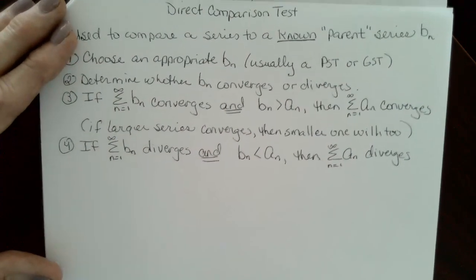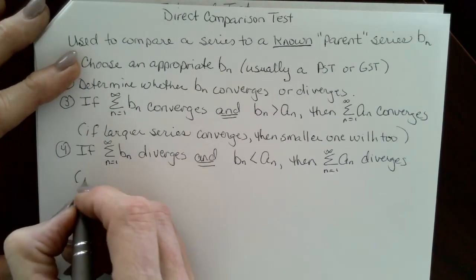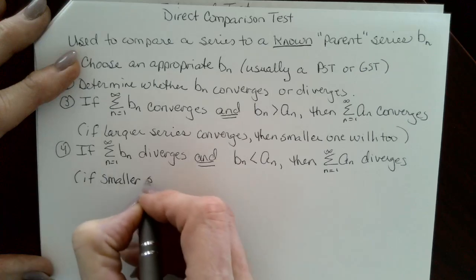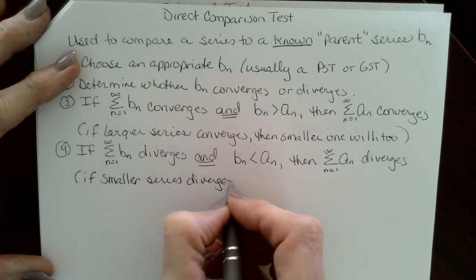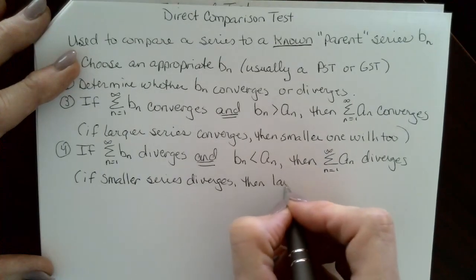In other words, if the smaller series diverges, then your one that's bigger than that will also diverge. Let's write that down. If smaller series diverges, then larger series will too.